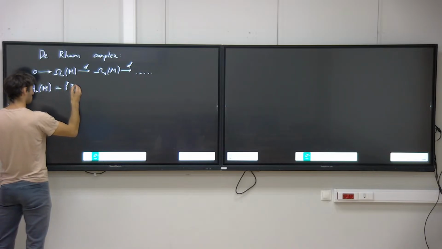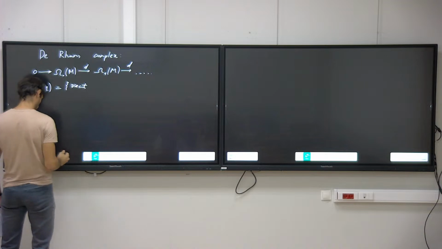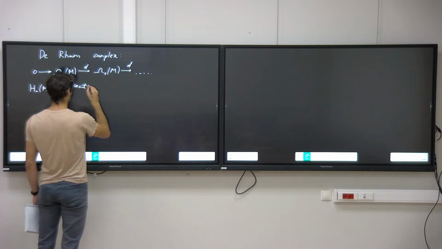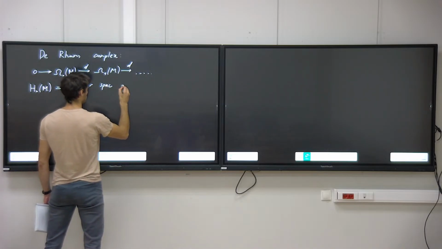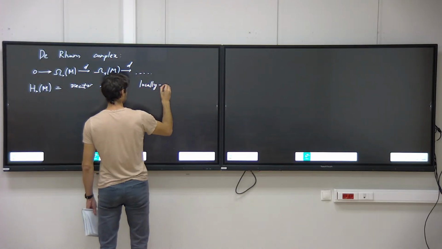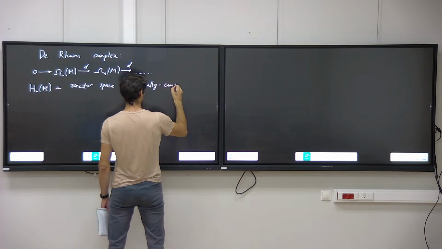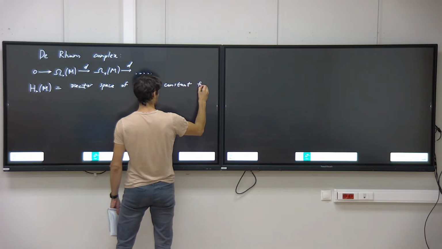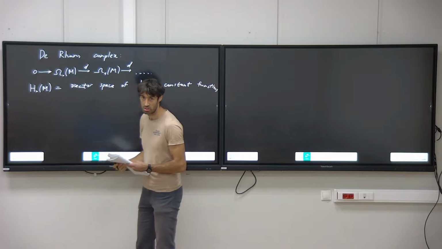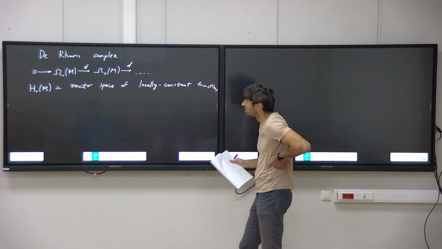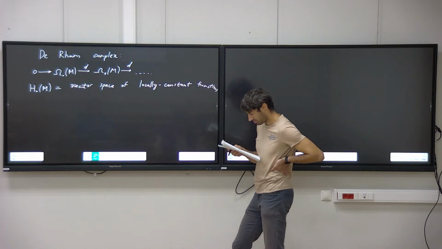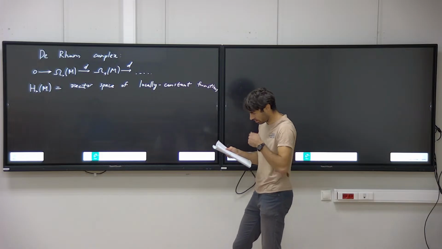So it is the vector space of locally constant functions. The derivative should be 0, since it's in the kernel of d. Okay, so we are fixing it like that, and this should be correct.